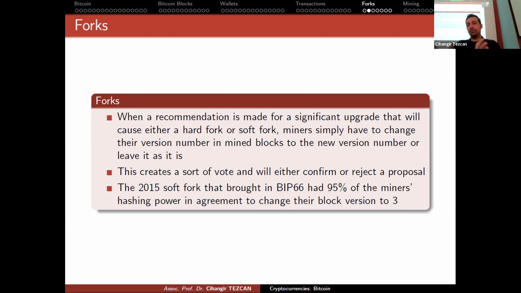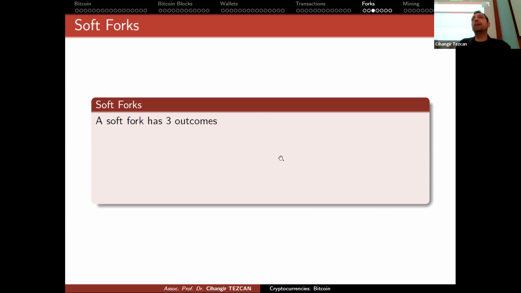Until 2017, these soft forks were small additions to Bitcoin. But in 2017, we had SegWit, and it was a very different experience. Before talking about SegWit, let's look at the obvious thing. A soft fork has 3 outcomes.